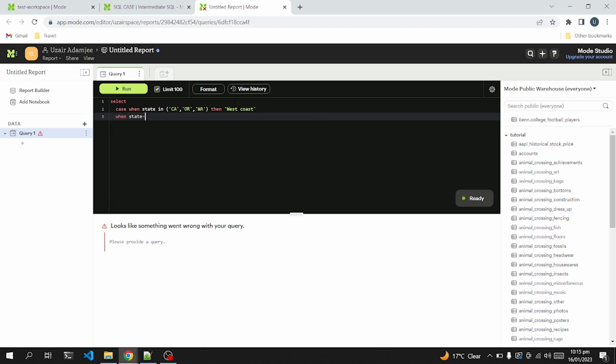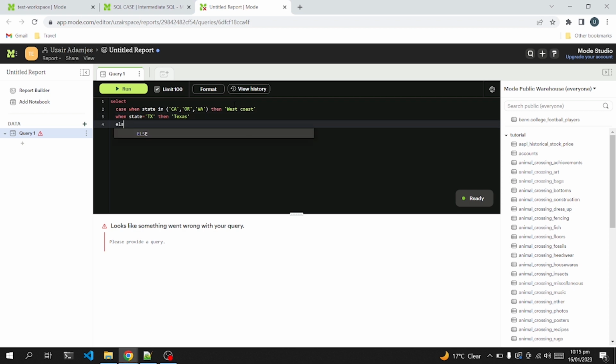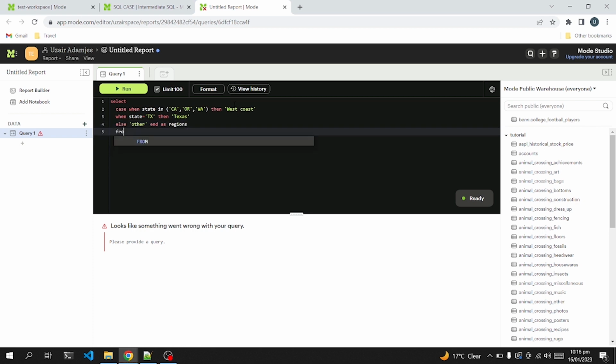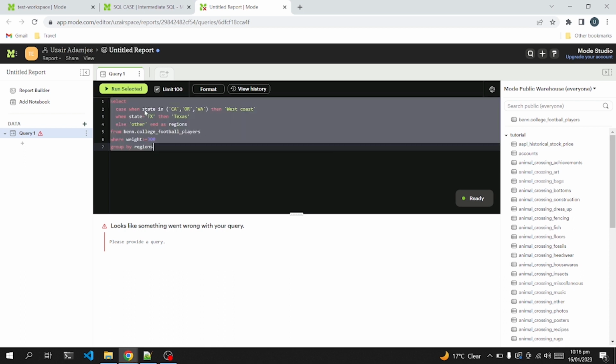When state is Texas, then mark it as Texas, else other, and as region, from college players where weight is greater than equal to 300, then just group by regions. Spread it out.